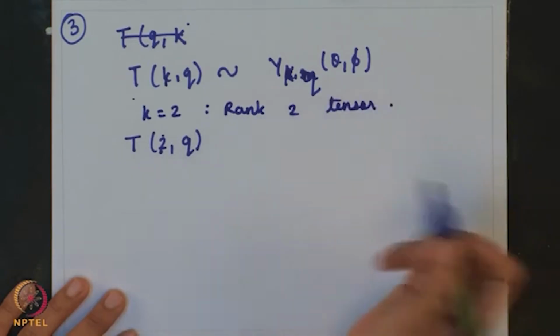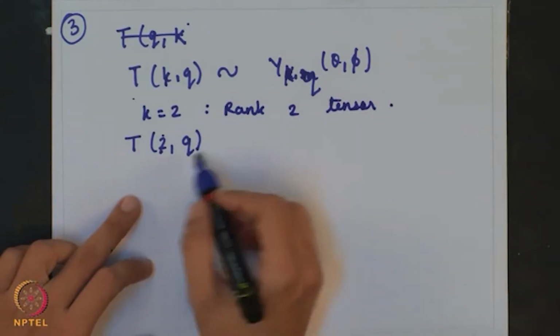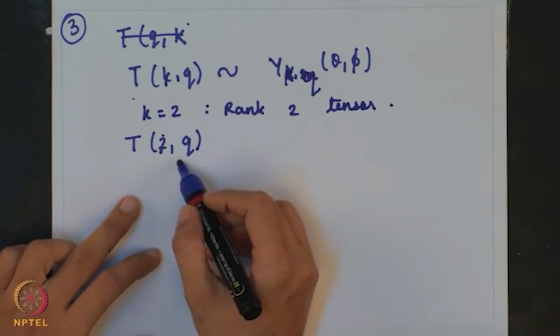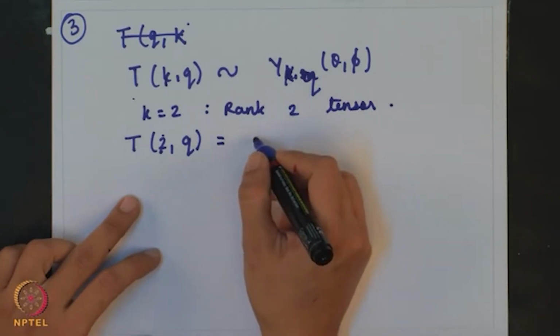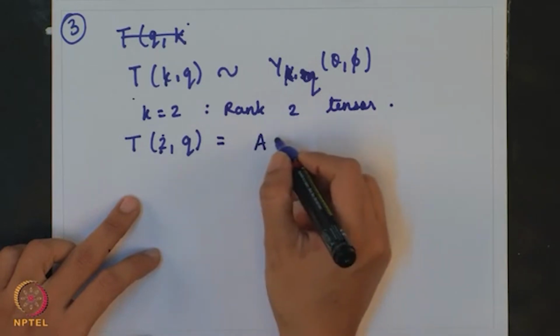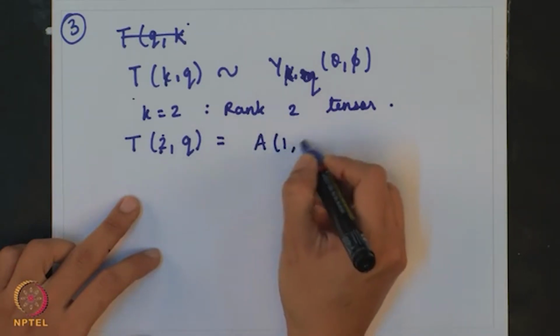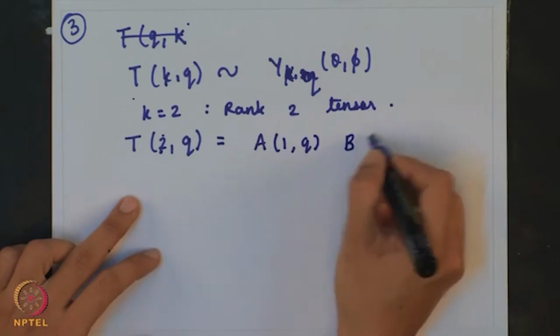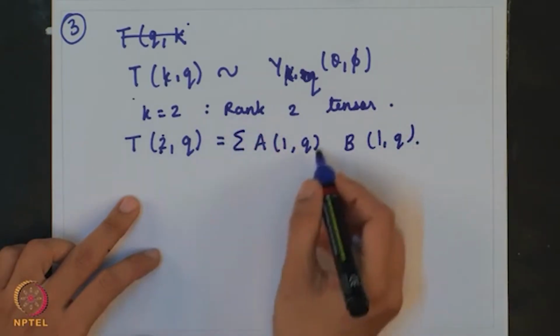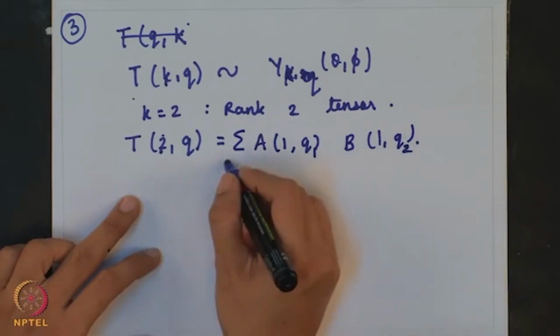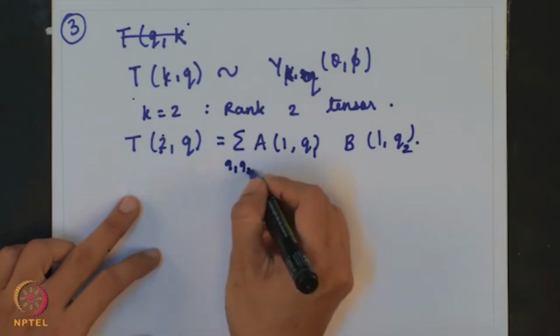One can obtain the rank 2 tensor by taking a tensorial product of the two, that is A 1 comma q1 times B 1 comma q2, and you take a sum over q1 q2.